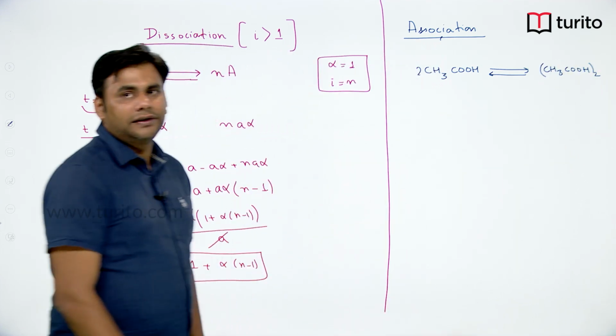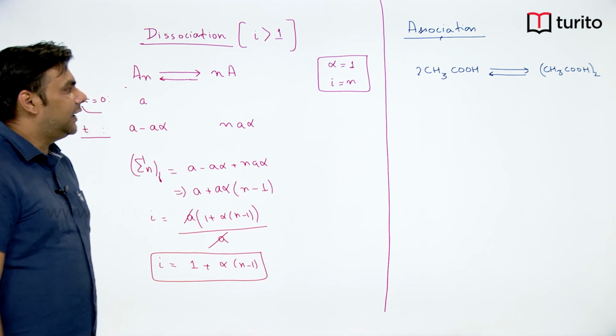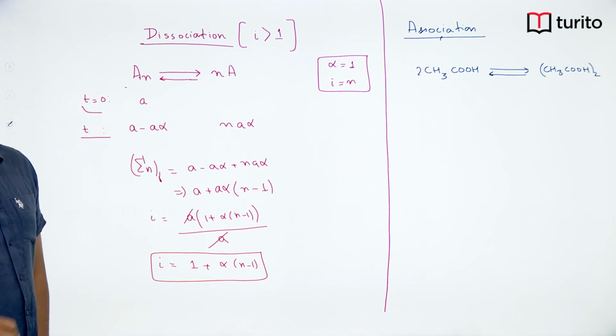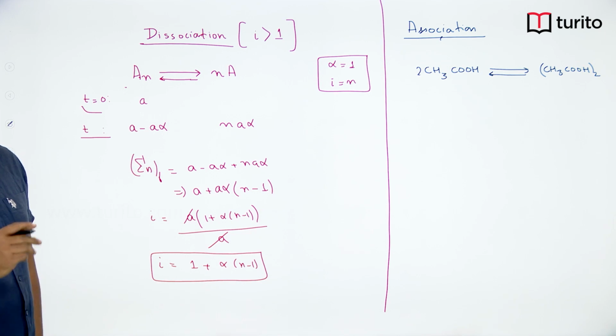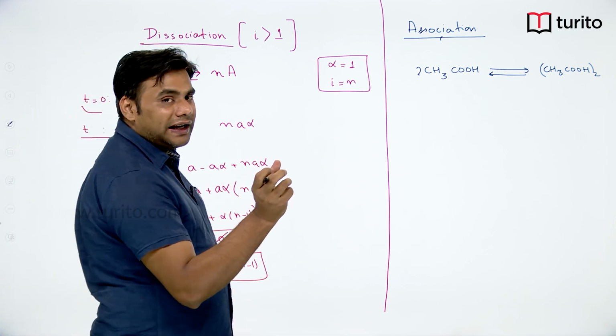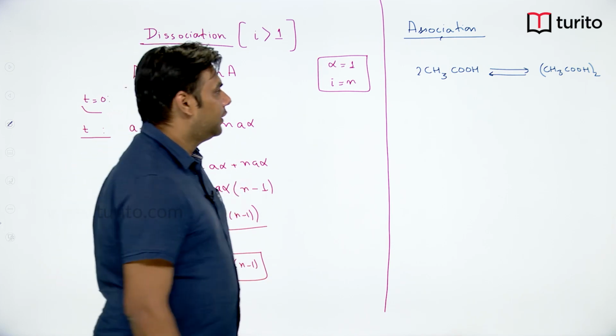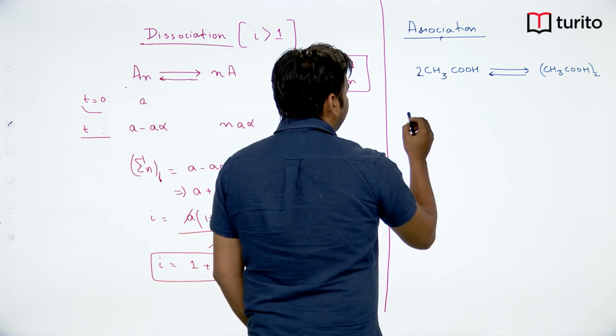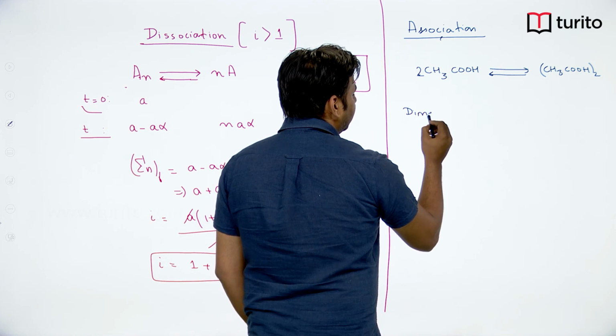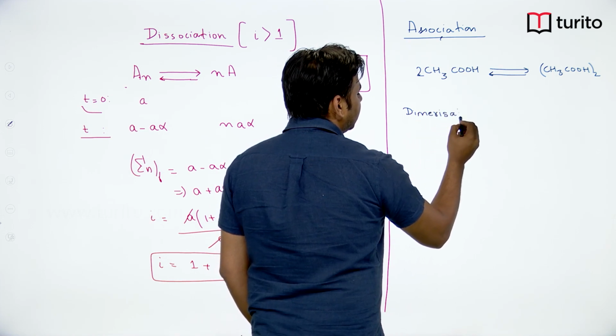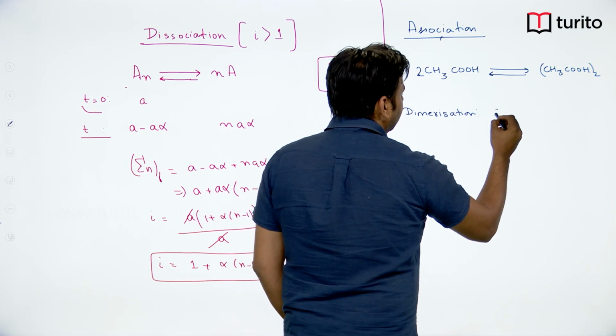You might have studied this in chemical bonding. So when you are taking acetic acid, 2 moles of acetic acid dimerize together. Dimerize means the 2 molecules are getting associated. Trimerize means 3 molecules are getting associated. So this dimerization happens because of hydrogen bonding.